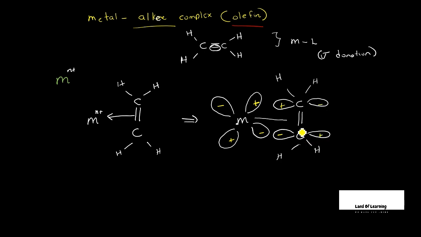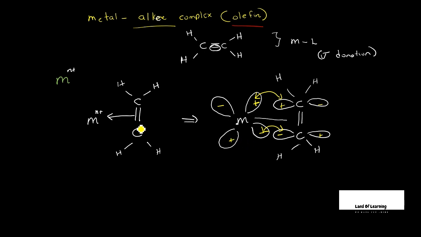So let's say like this, our p orbitals on the carbon atoms in our alkene, if these orbitals are perfectly symmetrically aligned with one of the t2g orbitals in our metal center, then there can be back bonding. Here the back bonding will be formed. So this is the orientation of our metal alkene complex.